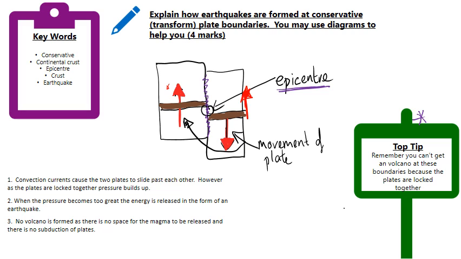Remember, further down in the ground, that's called the focus. Okay, so that's the actual point. And if you wanted to take that further, the more shallow the focus is, that often makes the impact of the earthquake larger.